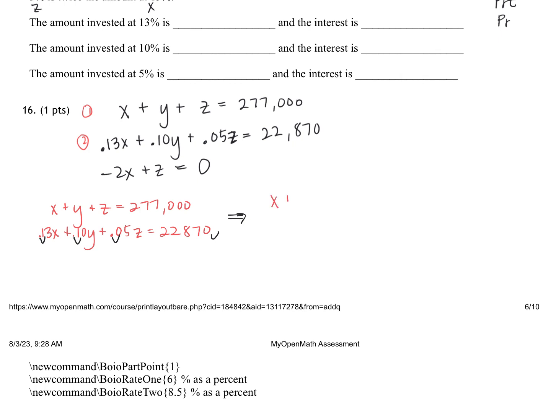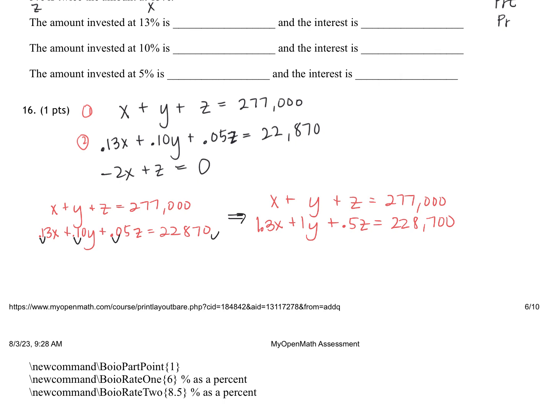So this would be X plus Y plus Z equals 277,000. And this would be 1.3X plus 1Y plus 0.5Z is equal to 228,700.